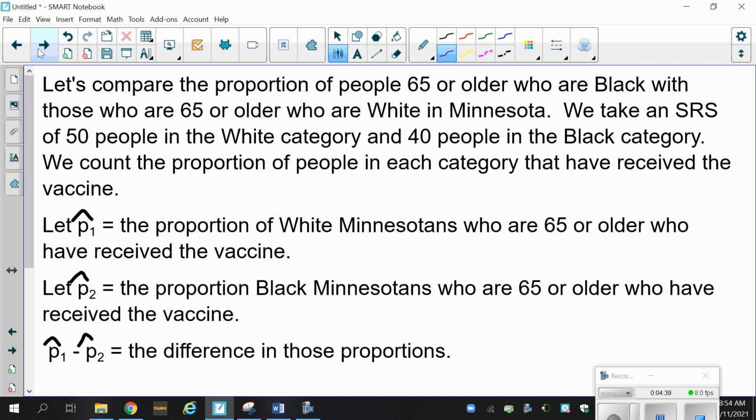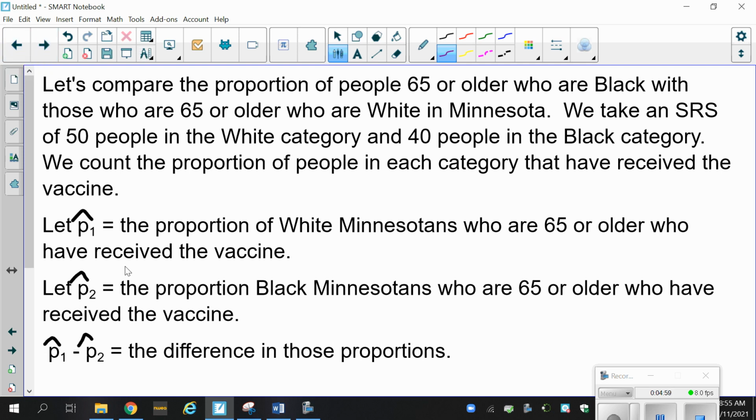In each of those groups, we will count the proportion of people who have received the vaccine. So p-hat1 will be the proportion of white Minnesotans who are 65 or older who have received the vaccine, and p-hat2 can be the proportion of black Minnesotans 65 or older who have received the vaccine.